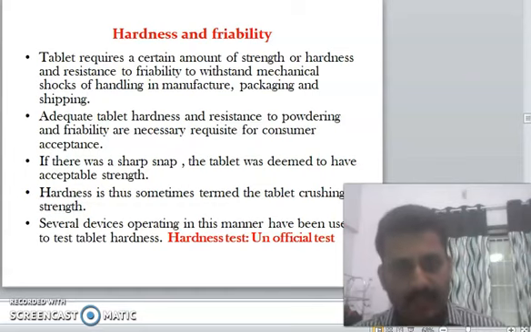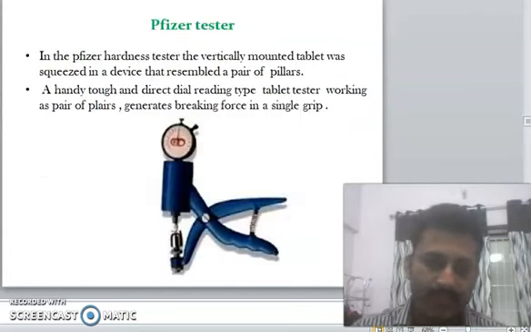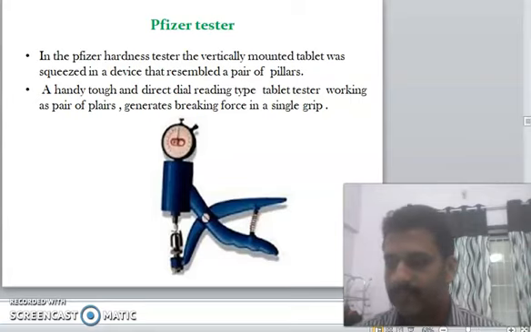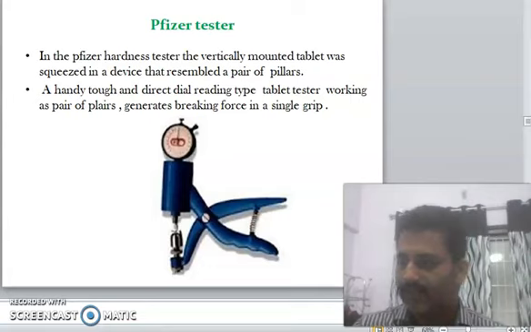For measuring the hardness of the tablet, various devices are used, and this hardness testing is an unofficial test. These devices are called hardness testers.